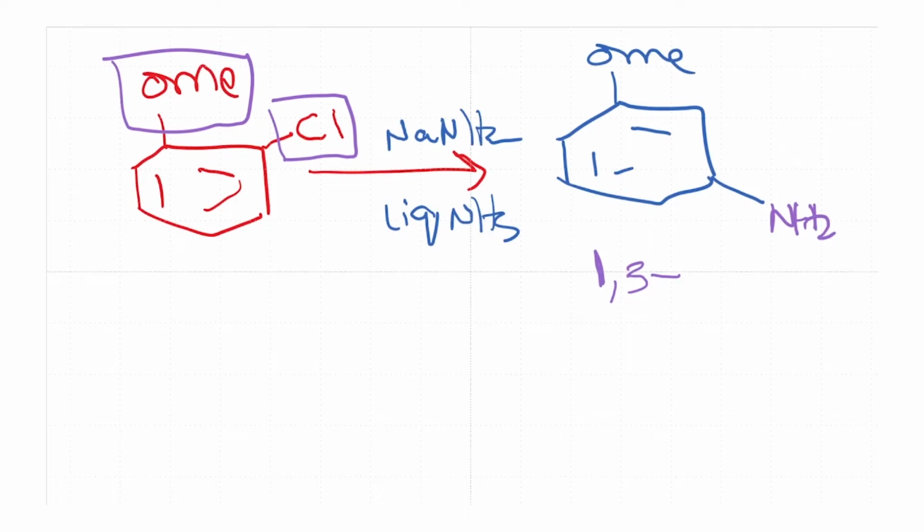There are other pieces of evidence which are available for the formation of the benzyne. Okay. Now let's look at the proposed mechanism for this reaction. So the first step, as we have already seen, would be the, so let's keep methoxy at the 1 position, chloro is at the 2 position.